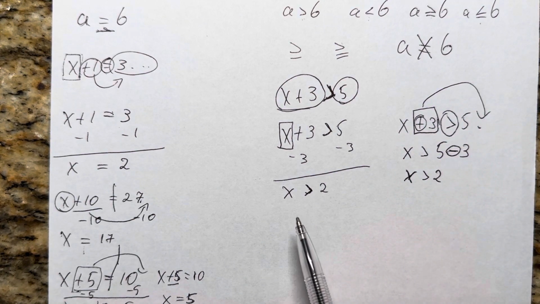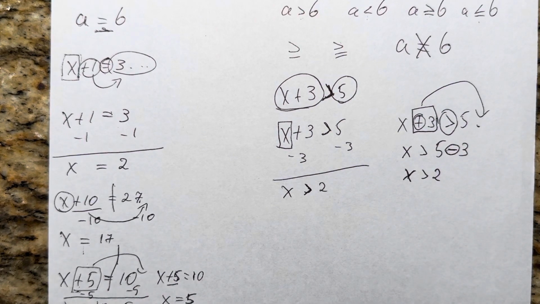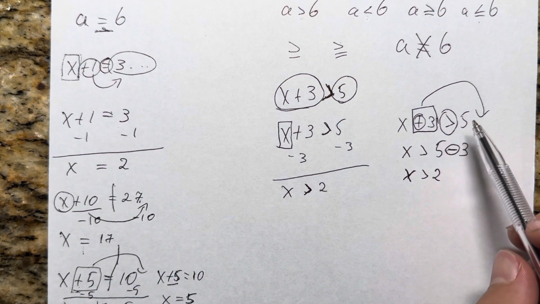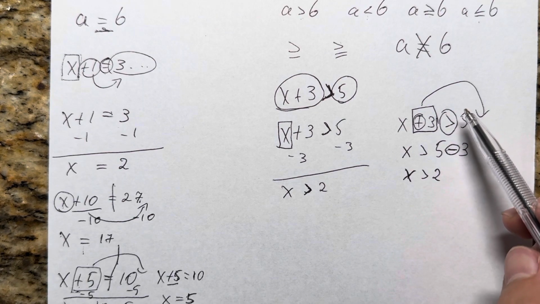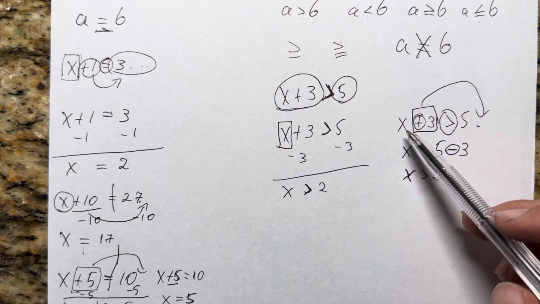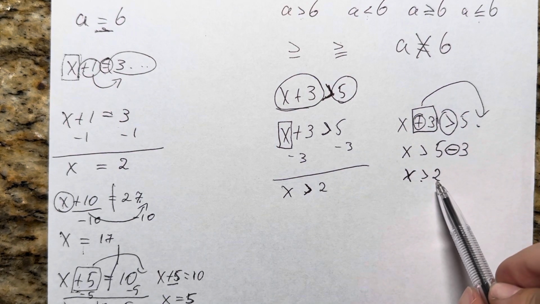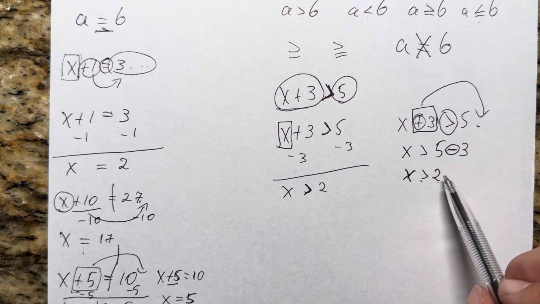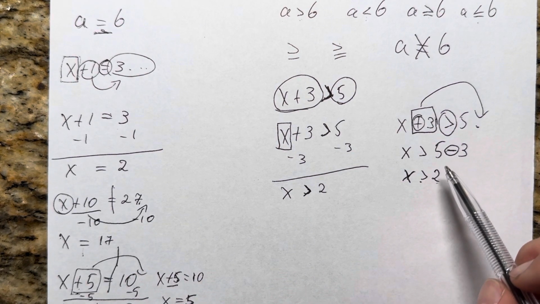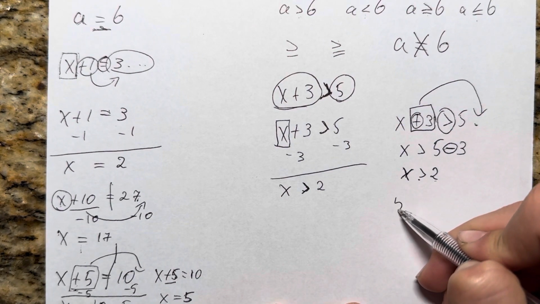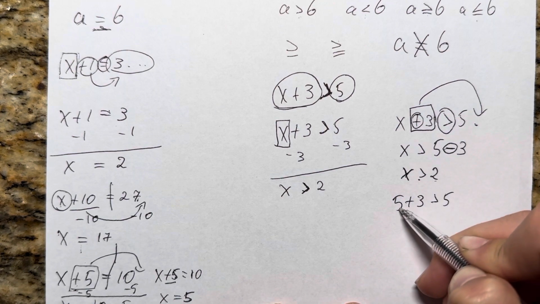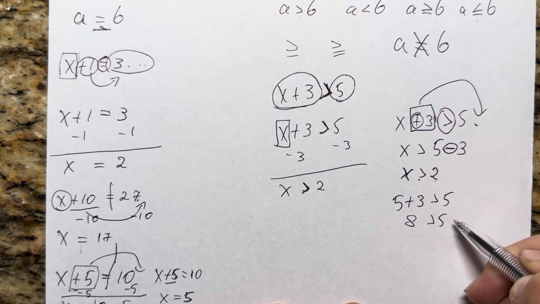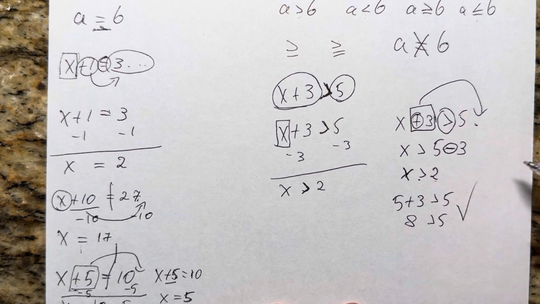So what does x greater than 2 mean? It means the inequality will be true if you plug in a number for x that is bigger than 2. For example, 5. Let's try 5. 5 plus 3 is 8, greater than 5, correct.